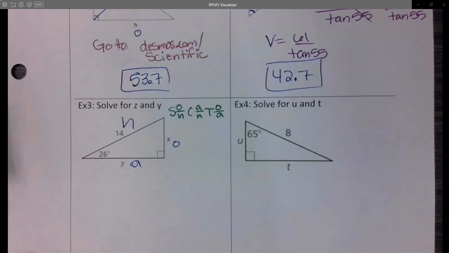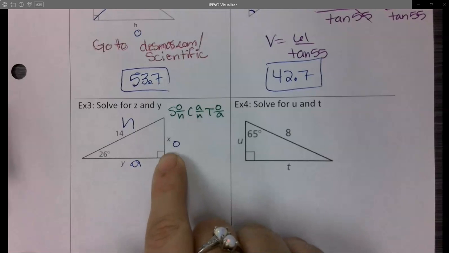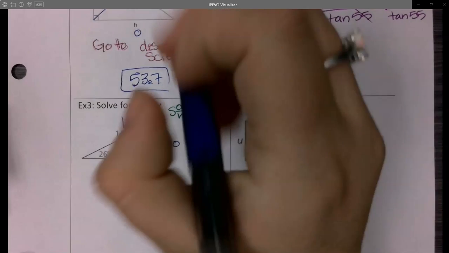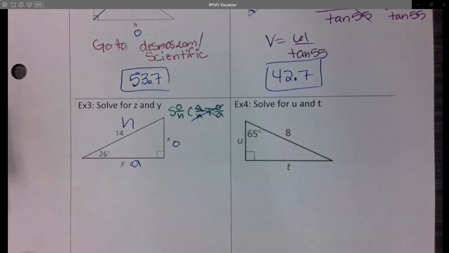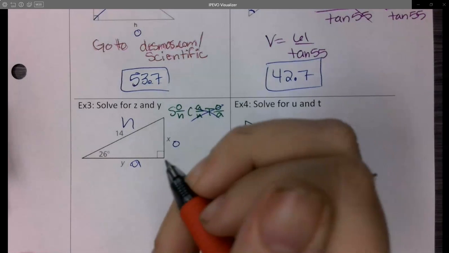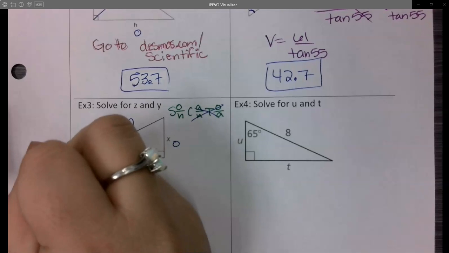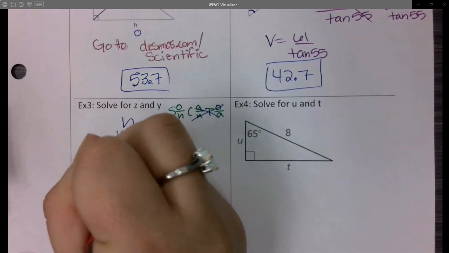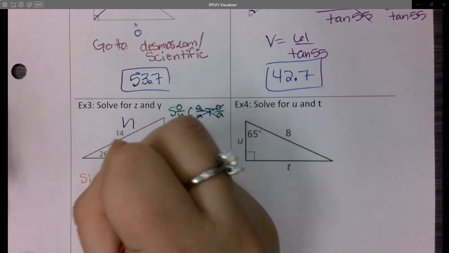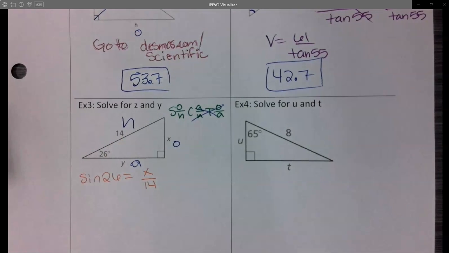I am going to solve for X first. So if I'm solving for X first, I have O and H, which means I want to use the sine. So if I plug in, I'll do it over here. I have sine of 26 equals X over 14.